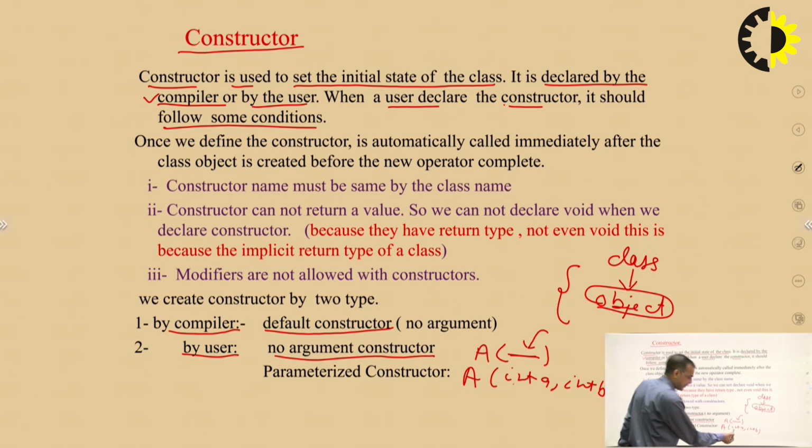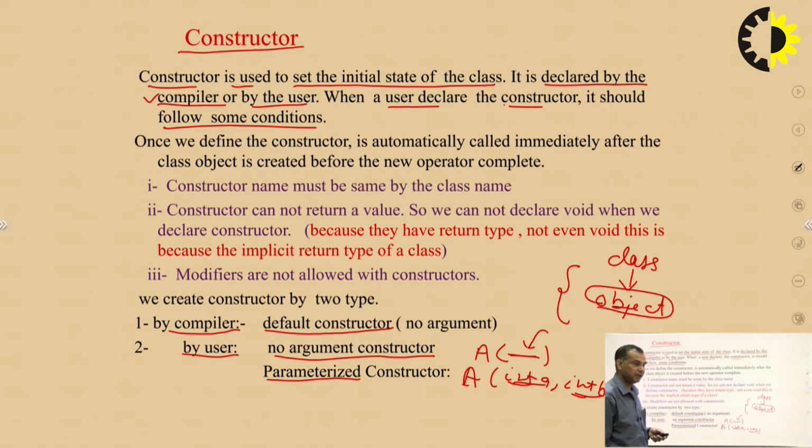Or we pass some parameters to the constructor, so that is known as the parameterized constructor. So when a user declares a constructor, there are 2 types. One which has no argument, known as the no argument constructor. If it has some parameters, some values, that is known as the parameterized constructor.